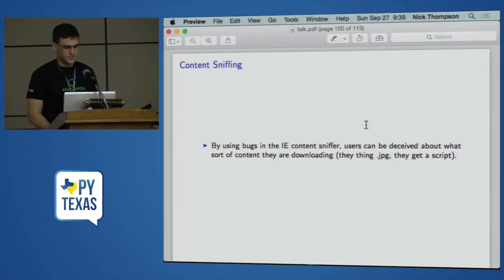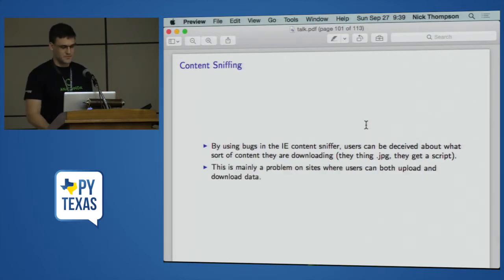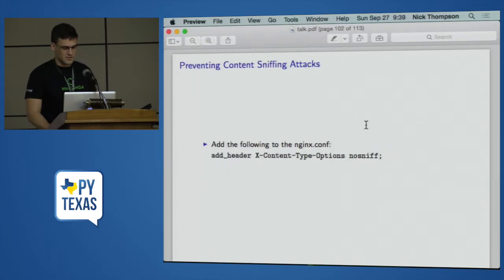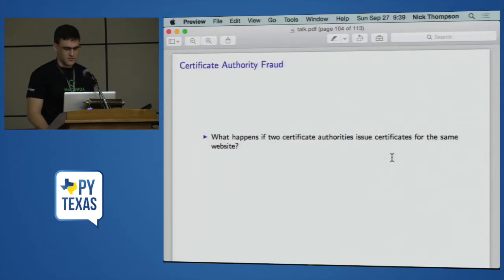So somebody would think they're downloading a JPEG because, say, the content sniffer just used the file extension, but really it's just some malicious script. And to get around this, you can just tell Internet Explorer not to sniff content. You just set a header. It's quite easy.